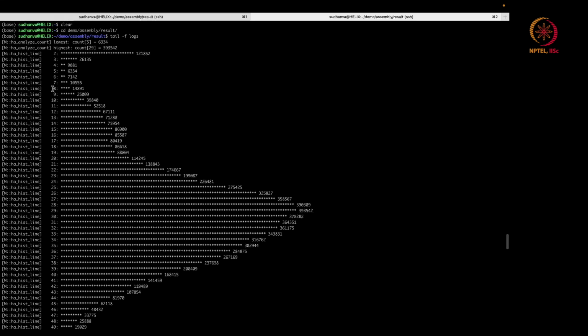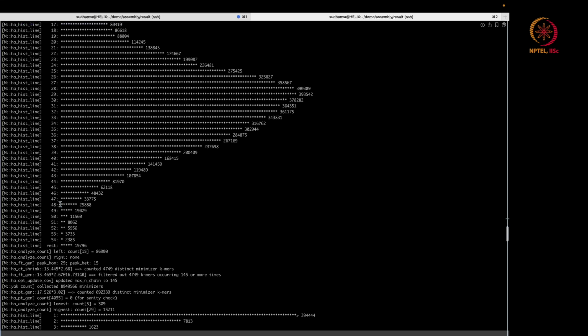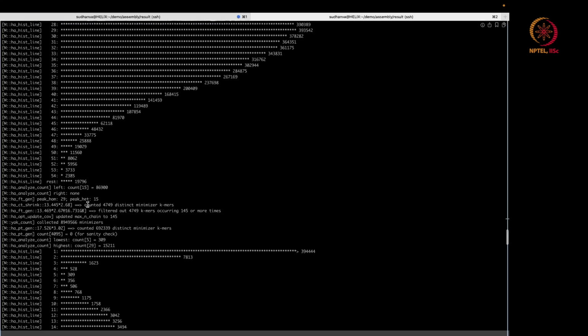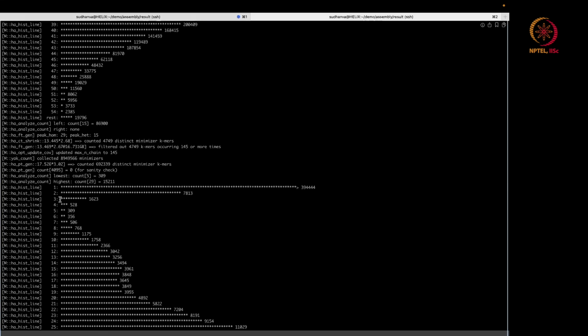This diagram shows us that there are 39,840 K-mers which occur exactly 10 times. Similarly, there are 390,389 K-mers which occur exactly 28 times. This diagram is used to infer the homozygous coverage and heterozygous coverage of the read sequencing data.